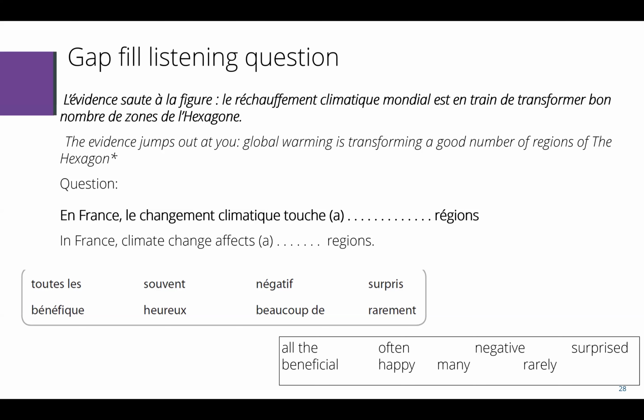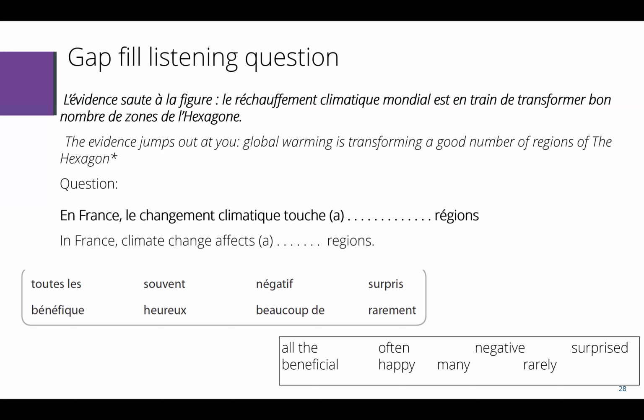But what you will notice a little bit is that they work in sort of couples. So you've got toutes les and beaucoup de. You've got souvent, rarement. So the toutes les and beaucoup de have a bit of a difference there, but they're quite close. And souvent and rarement are direct opposites.